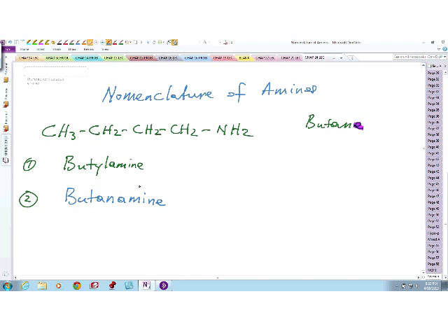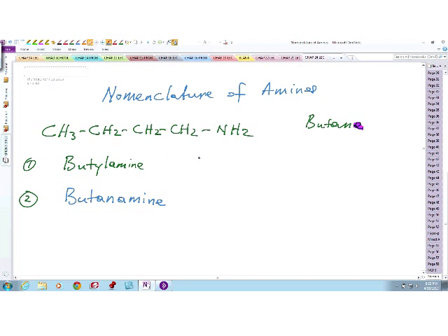Now in the third type of nomenclature, we could also name this as a derivative of the corresponding class of compound that you find in this molecule. In this particular instance, the corresponding class of compound will be a hydrocarbon chain, which is the alkane.